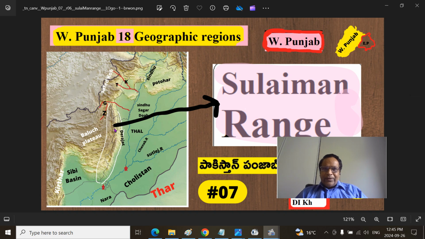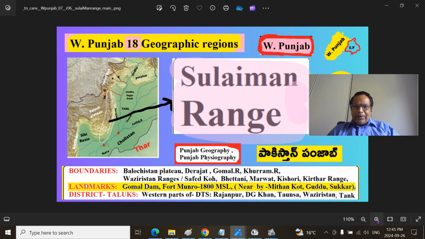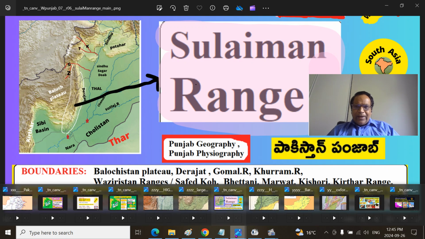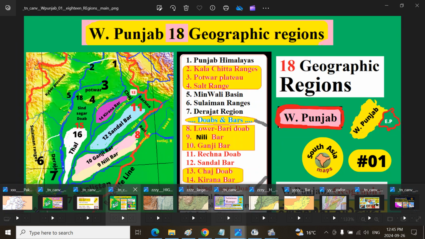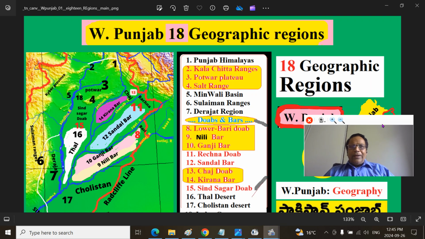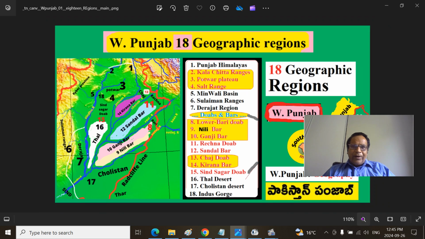So this is the Suleiman mountain ranges that covers this area. Here we look at these Suleiman mountain ranges, and later in the maps you will get complete clarity. In the first part, we looked at all the 18 physiographic geographic regions, Mitronam. You should consult that for a broader understanding.